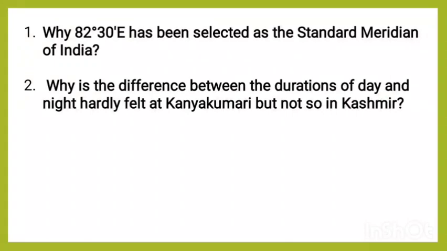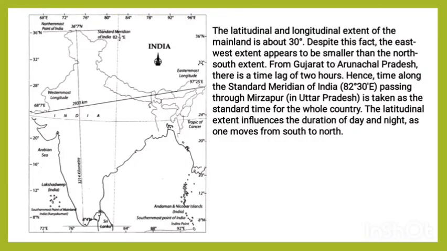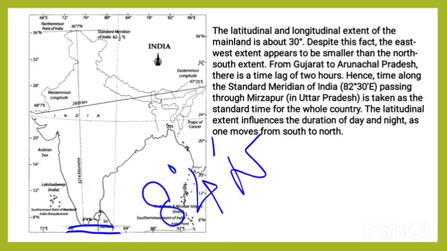And next question, why is the difference between duration of day and night hardly felt in Kanyakumari but not so in Kashmir? See, as we know, India's latitude starts from 8 degree 4 minutes. It is near the equator, and at the equator the sunlight falls vertically. The day and night are equal at the equator.